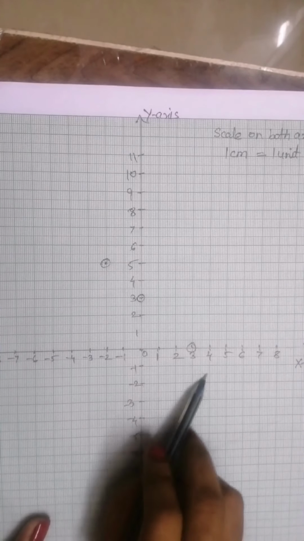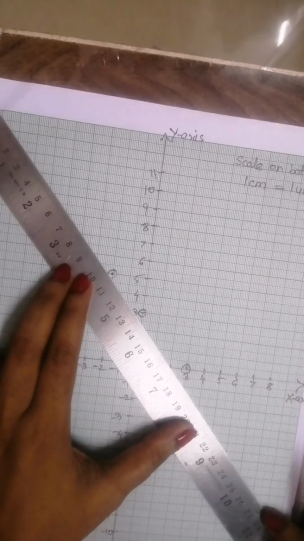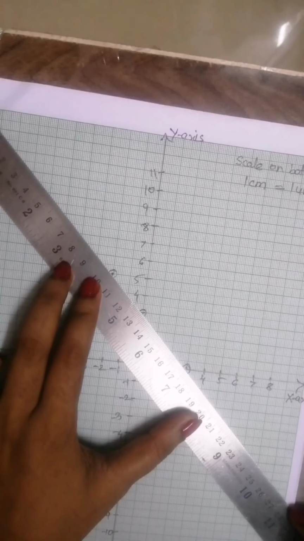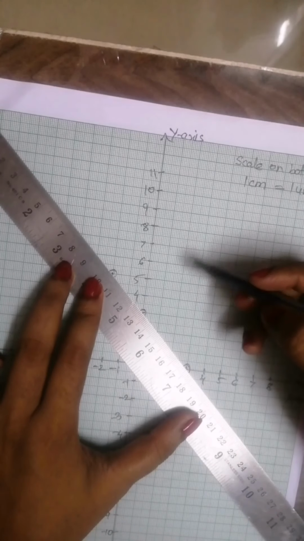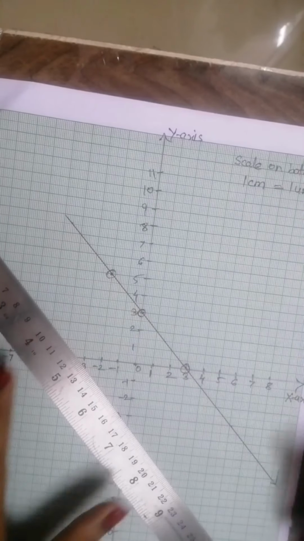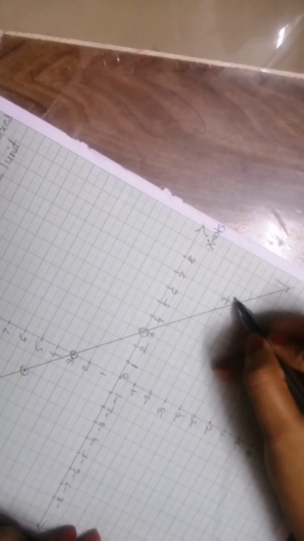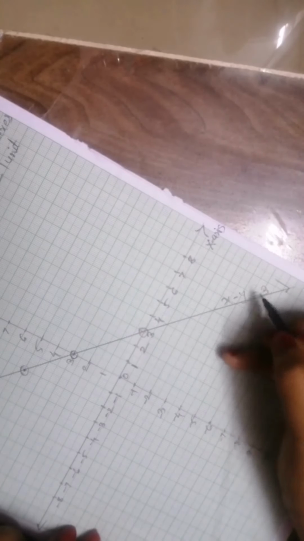Now join the 3 points with the help of a scale and draw one straight line. Okay. Now write down the equation on this line. This is x plus y equals 3.